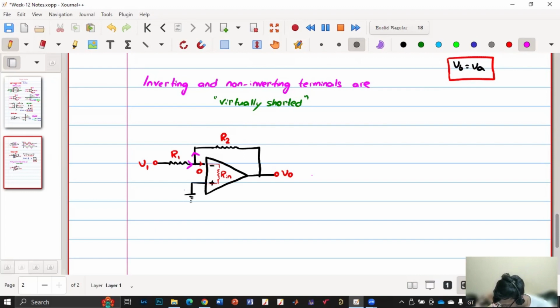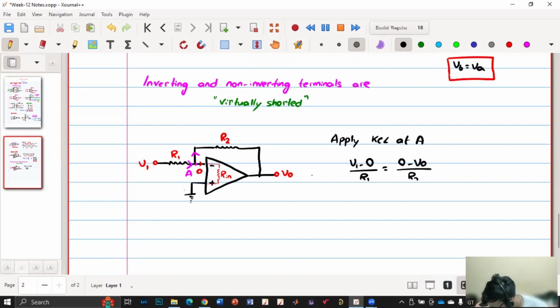Say this is my terminal A, and if I apply KCL at A, then current entering should be equal to current leaving. Current entering is V1 minus 0 by R1, why 0? Because these are virtually shorted. So V1 minus 0 by R1 is equal to 0 minus V naught by R2. If you solve this, you will get V naught is equal to minus R2 by R1 into V1.